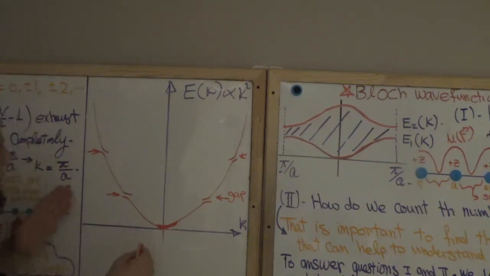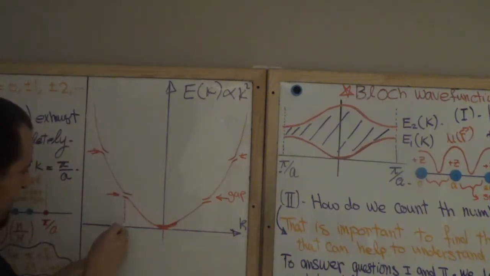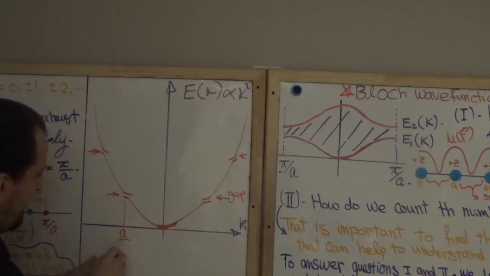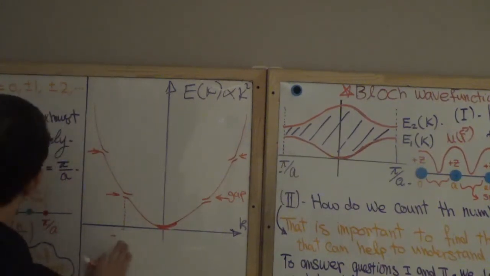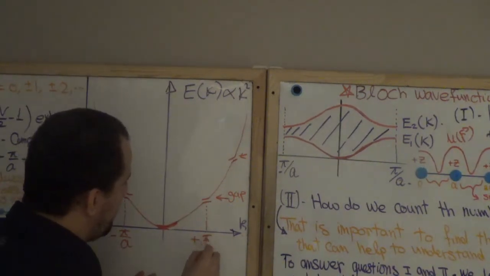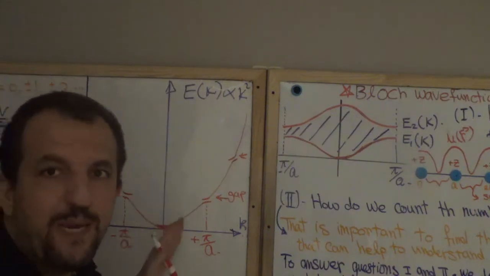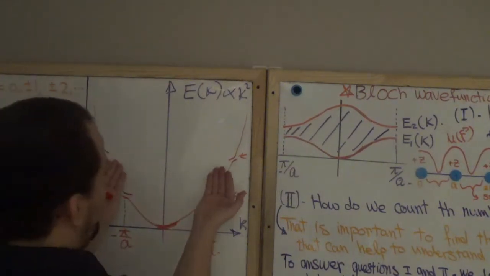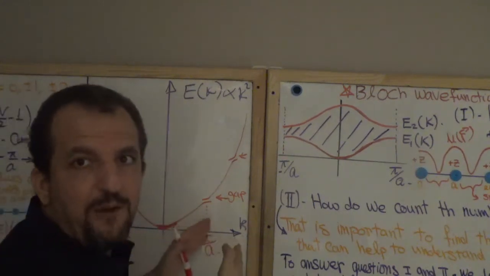So if we consider, guys, the first Brillouin zone, we consider that between minus pi over a and plus pi over a. And what I'm going to do here, guys, I'm going to flip those two like this, because we have periodicity here.